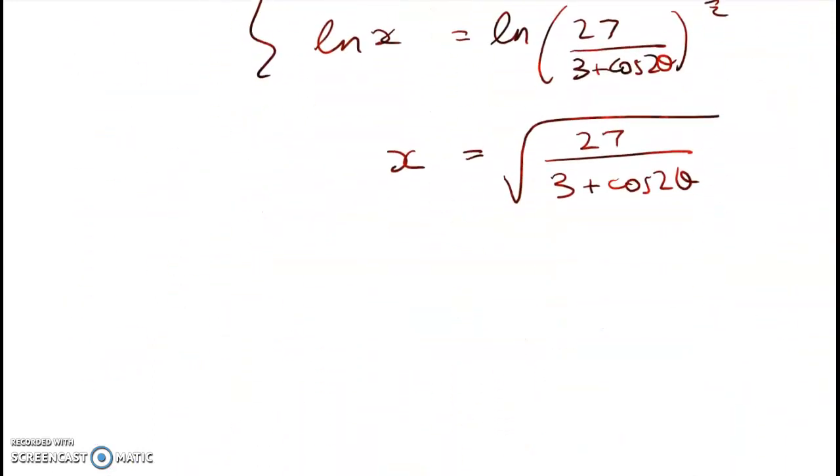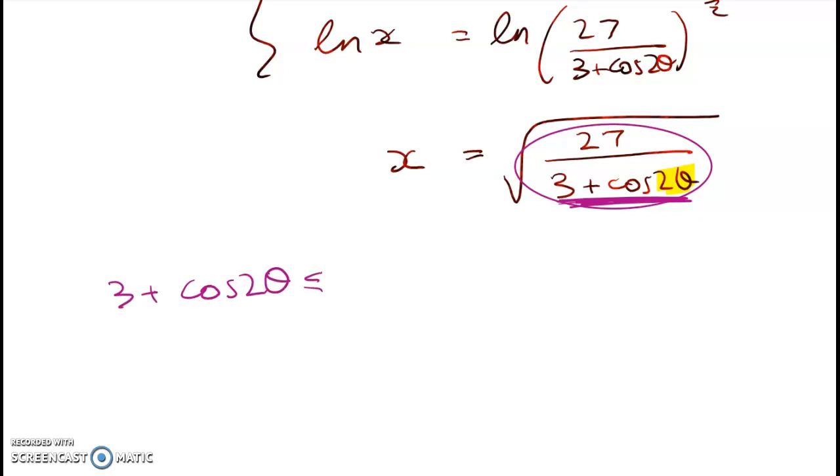So the least value taken by x is going to depend on what value of theta we've put in. And we know that this fraction is going to get smaller when the denominator gets bigger. So cos of 2 theta plus 3 will be between 2 and 4, right? Because this is between -1 and 1.